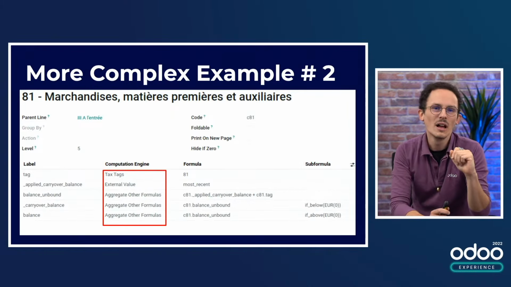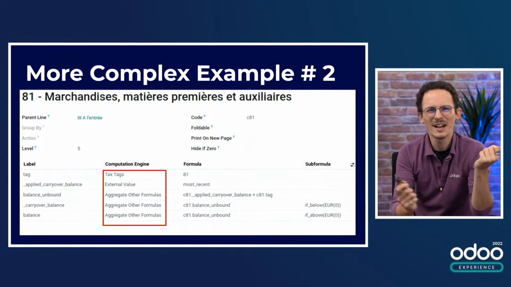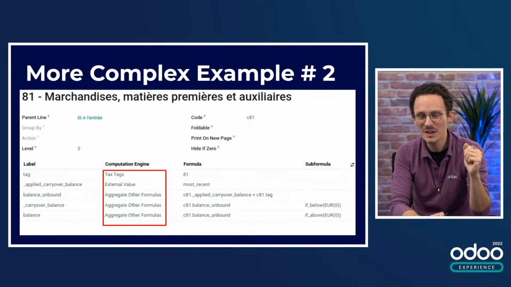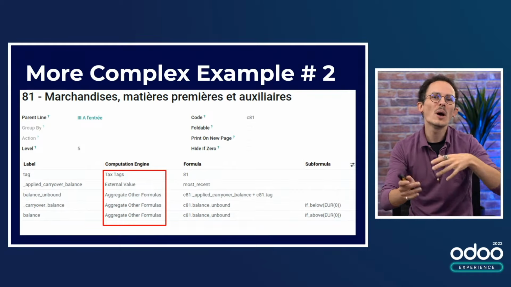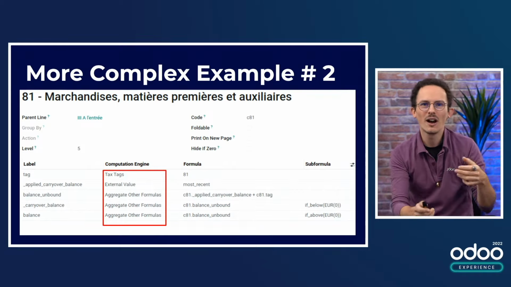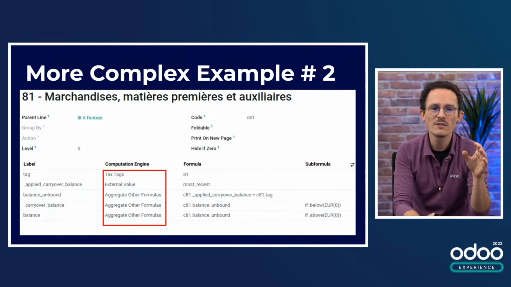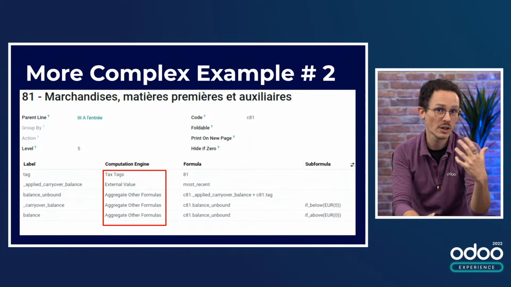Second example. So this one is again from the Belgian tax report, because yeah, I like it. And here you can see that we have multiple expressions as well, but it's not for multi-column. So actually, these expressions are used to compute sub amounts that need to be used in the computation of the reports. Here we even have a bunch of dedicated prefixes to the expression labels, so applied carryover or carryover.